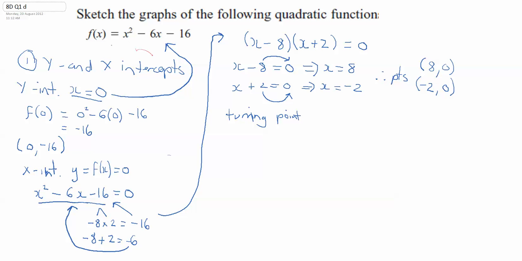Because we have a positive x squared, it's going to mean that our graph is going to look like that. We also know that the x value of our turning point is equal to minus b over 2a.